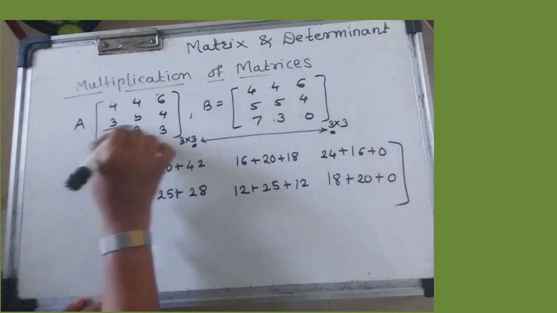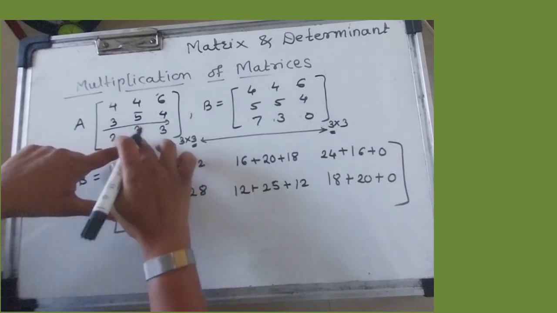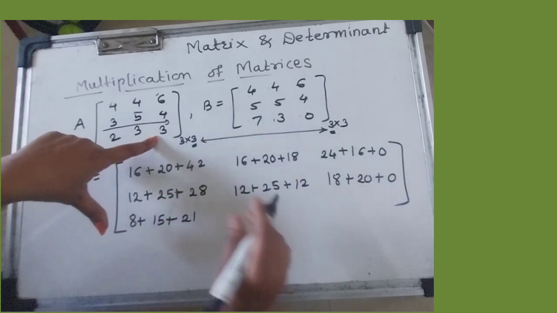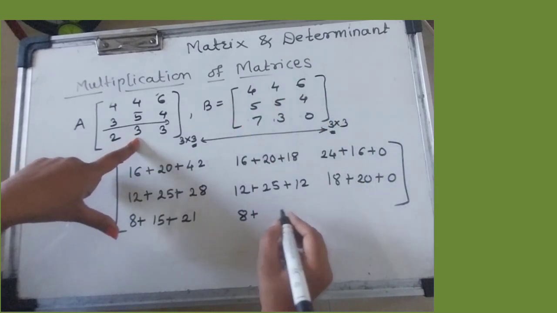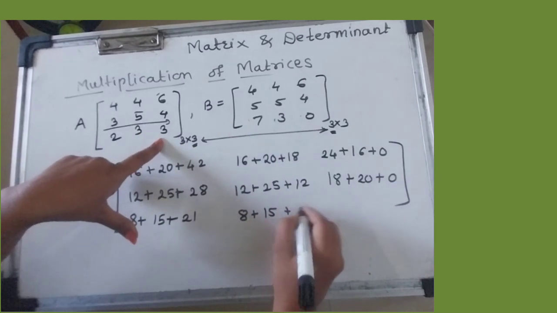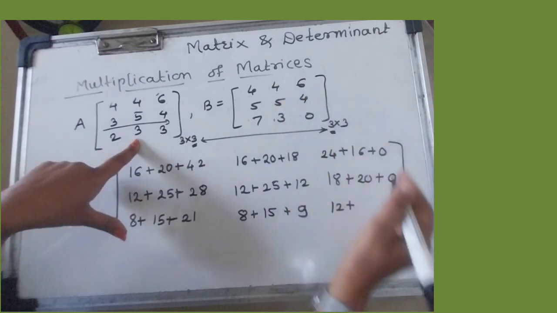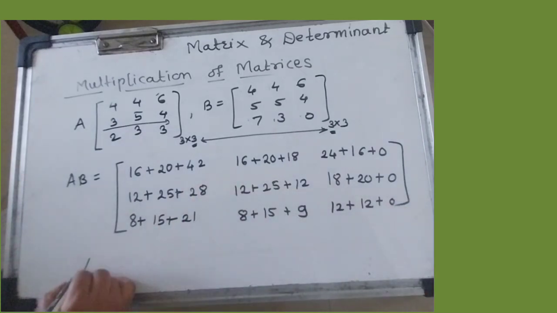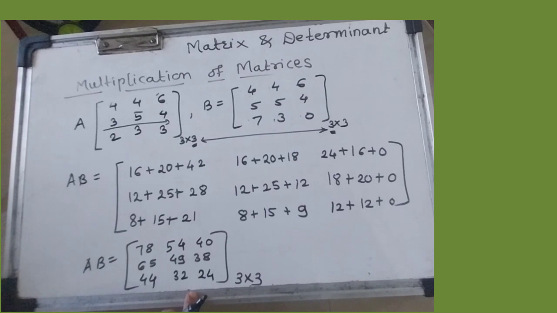Shift the row. 2 into 4, it is 8, plus 5 into 3, it is 15, 7 into 3, 21. Shift the column. 8 plus 5 3s are 15, 3 3s are 9. Shift the column. 6 2s are 12, plus 4 3s are 12, plus 3 into 0, 0. Take the addition of this matrix and you will get the AB matrix, okay, of order 3 by 3. This is my required answer.